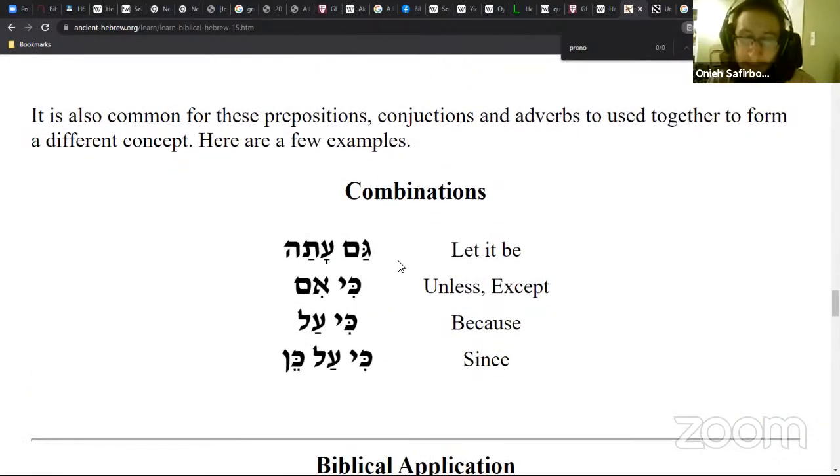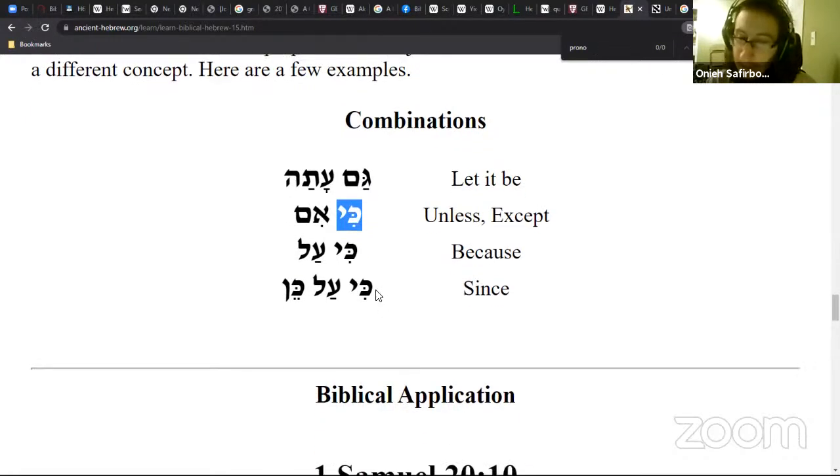Oh, and also in the Dead Sea Scrolls, this is written with an aleph at the end usually. So instead of ki, it's kia. And the reason for that is because they actually count it as one word. They combine it with the next word and make it into a single word.